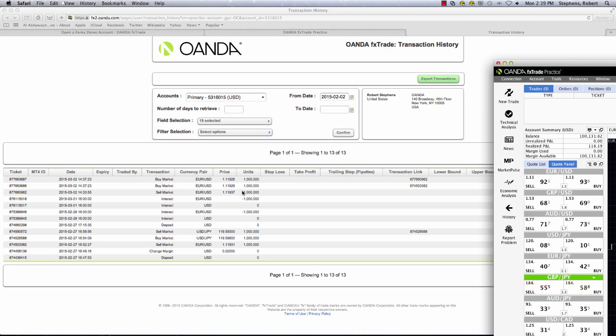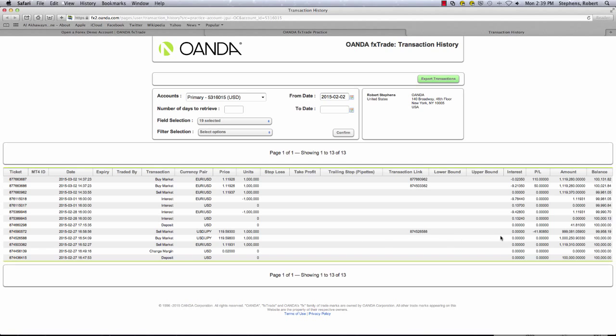Where I didn't do well was in this other trade that you can see on the list here. I did a dollar-yen trade, and I bought $1 million in dollar-yen at 119.598, and it automatically liquidated that position for me at 119.593. And I lost a lot of money on it.